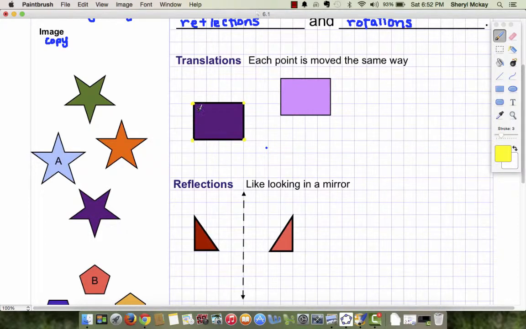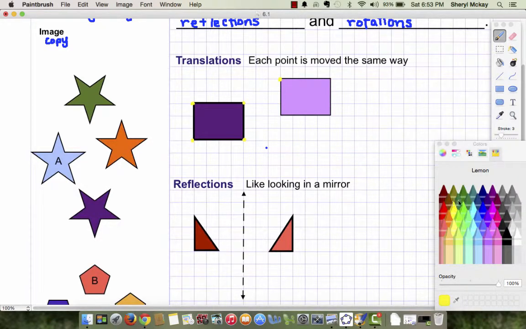So if I take this point and I go up 2 and over 1, 2, 3, 4, 5, 6, 7, I get to this point right there. Okay? And that means that I'm going to do the exact same thing with the next point. I'm going to go up 2 and over 1, 2, 3, 4, 5, 6, 7, and I get there.